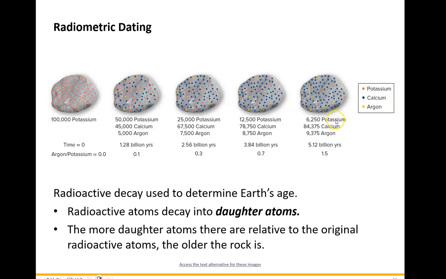It always turns into something else. Sometimes they turn into other radioactive substances, like uranium turns into all sorts of radioactive substances, but eventually turns into iron-56. But the potassium-40 is really simple.